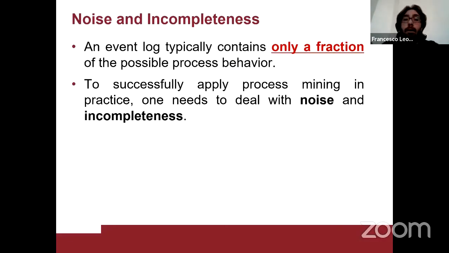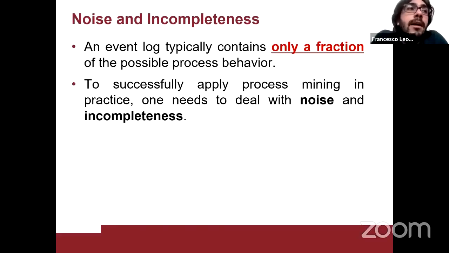Now, the model that we extract through process discovery can or cannot represent very well the real process according to the characteristics of the event log. In particular, the event log may be subject to noise and incompleteness. What is noise? Noise are, of course, executions that should not be in the process, but that have been exceptional cases where, for example, the process was conducted in the wrong way.